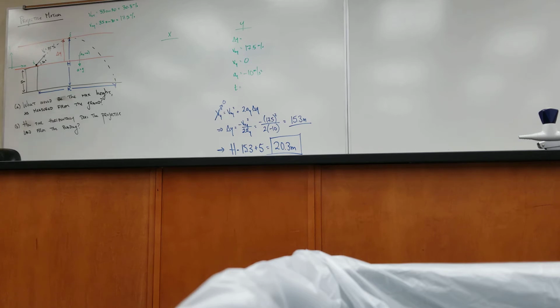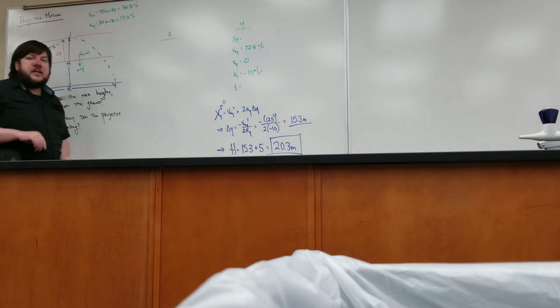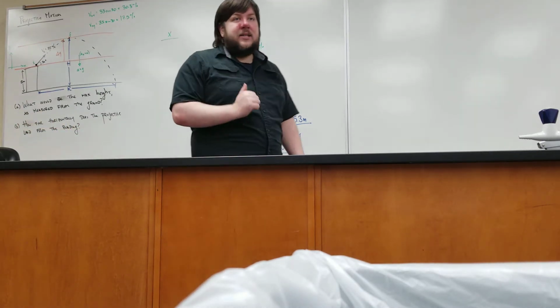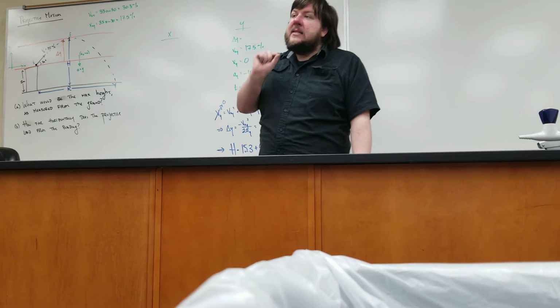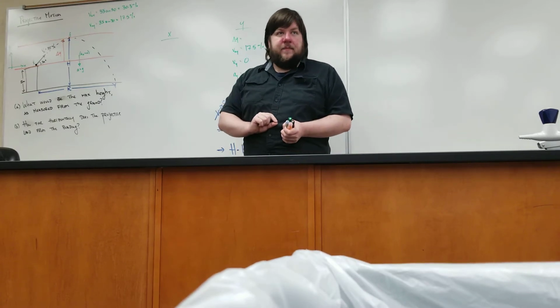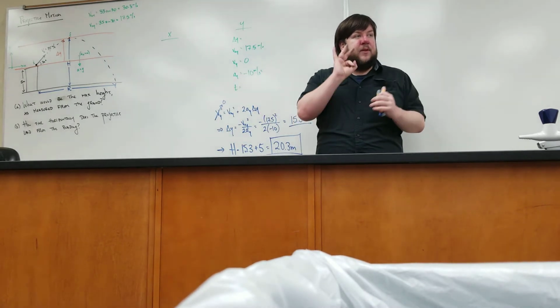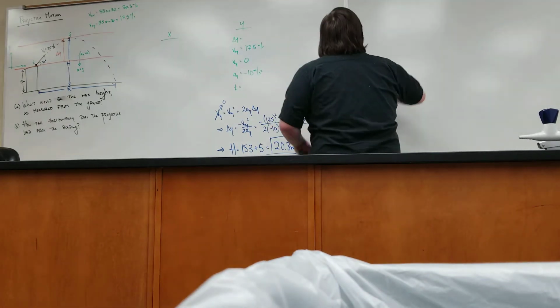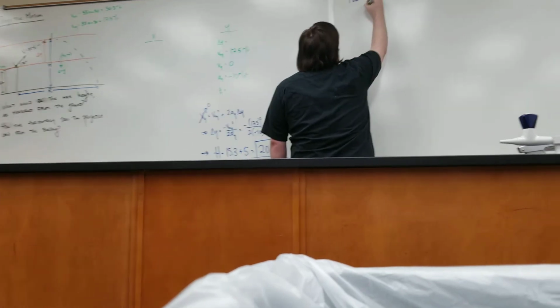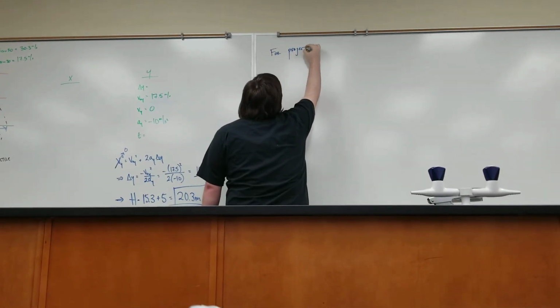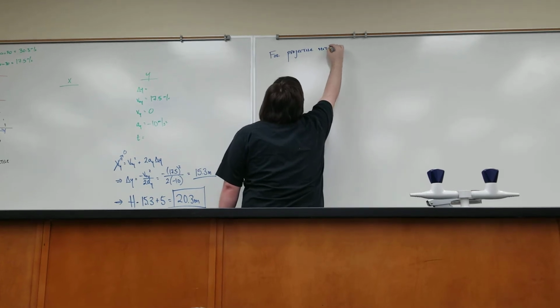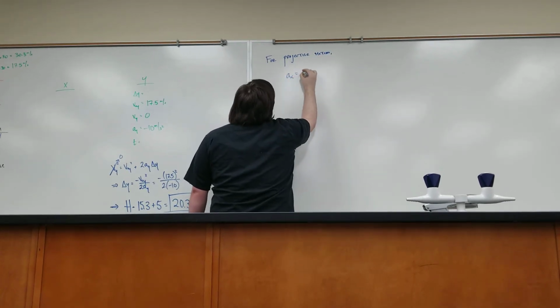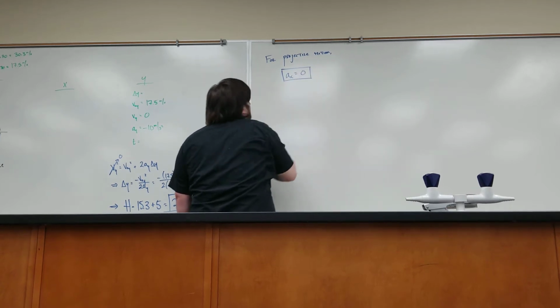All right. Now, let's talk about how to figure out the answer to part B, the range. Something to remember about the x direction is that there is no acceleration in the x direction. That simplifies the 3 kinematics formulas that you guys have, okay? For projectile motion, ax is always going to be 0.